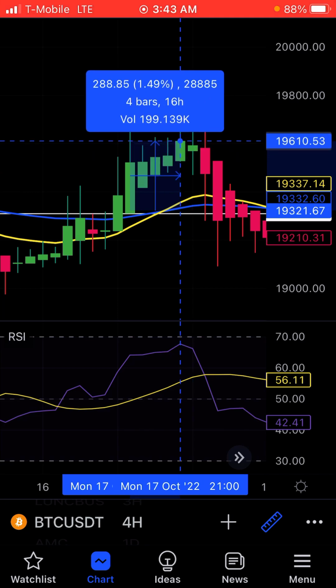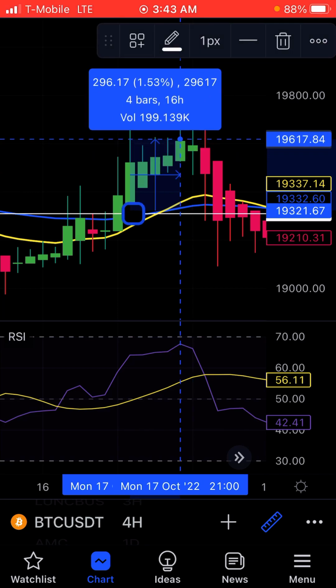Now the good thing with day trading with this strategy is you can hold your positions for a lot longer because it's not costing you for contracts. This was 16 hours, and this was a 1.53% gain. If you look at the RSI on the bottom, as I'm doing this trade, the purple line is above the yellow line, which signifies an uptrend.